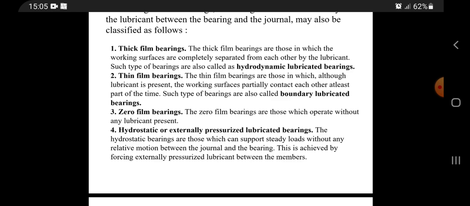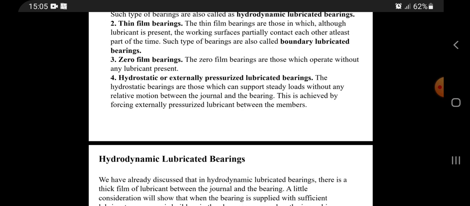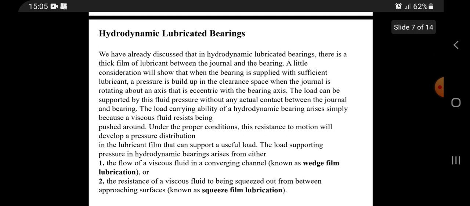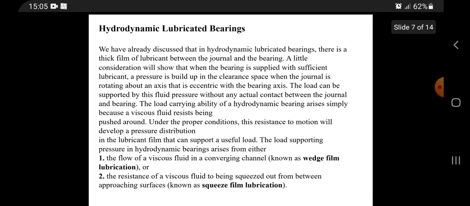This is achieved by forcing externally pressurized lubricant between the members. Then hydrodynamic lubricated bearings. We have already discussed the hydrodynamic bearing. There is a thick film of lubricant between the journal and bearing.